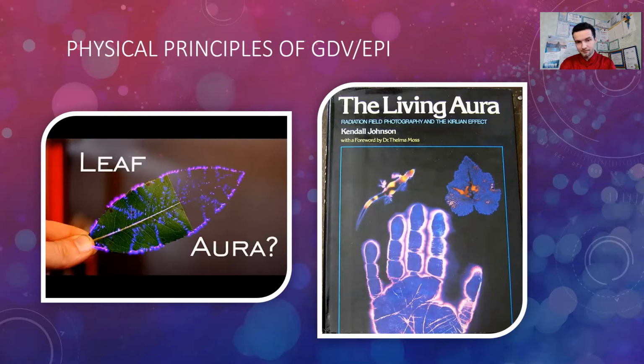And just because of this lack of knowledge, and because even nowadays not many people really understand quantum physics well enough to understand what's going on in the Kirlian effect, they prefer to think that this is some kind of esoteric stuff that is being measured by GDV. It's not true. And I will try my best to explain the physics of this technology in layman's terms, in a pretty simple way.